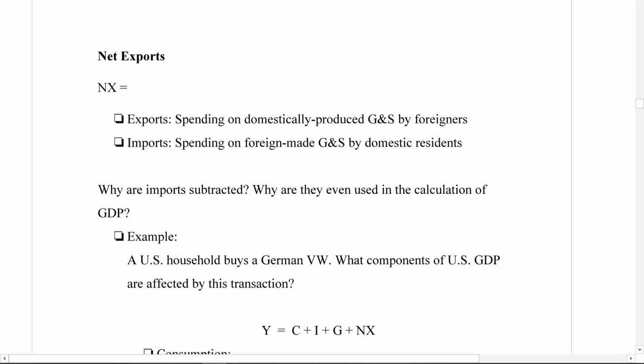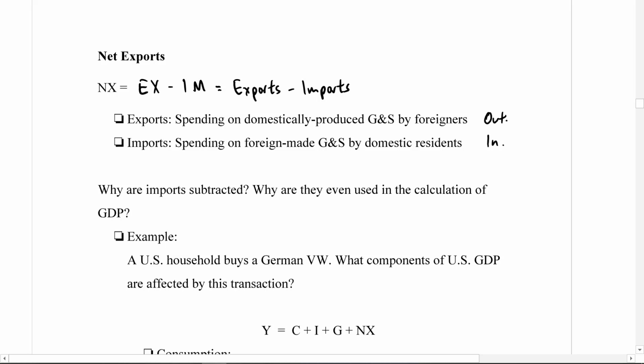And our last one is net exports. NX, as we saw, was exports minus imports, and I'll just write that out. Exports minus imports. Exports are things going out, imports are things coming in.